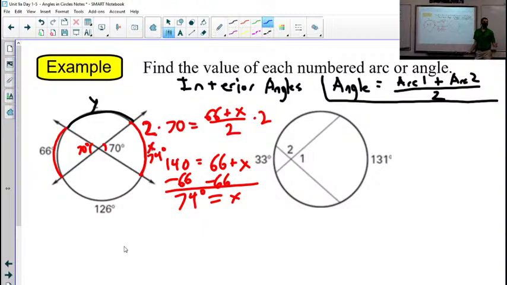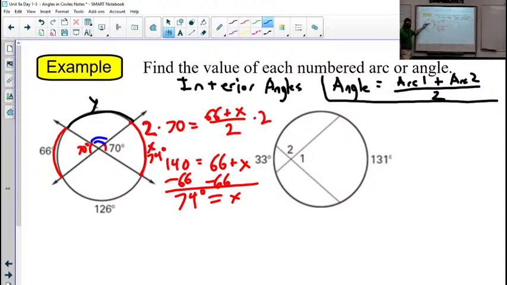Here's method number 1. I'm going to put method number 1 in blue. Method number 1 says that I can figure out what this angle over here is, because I know this angle is 70. If I know this angle is 70, then these two right here make a straight line.